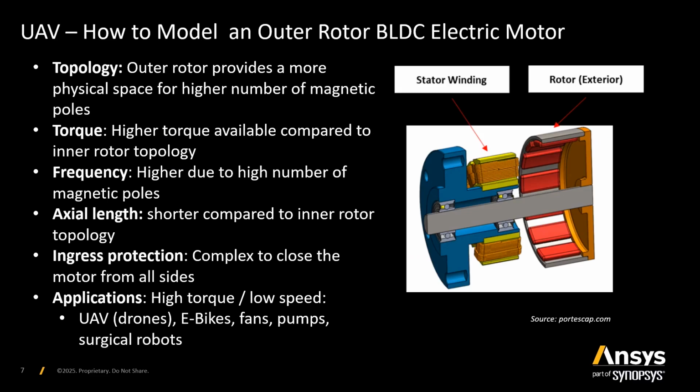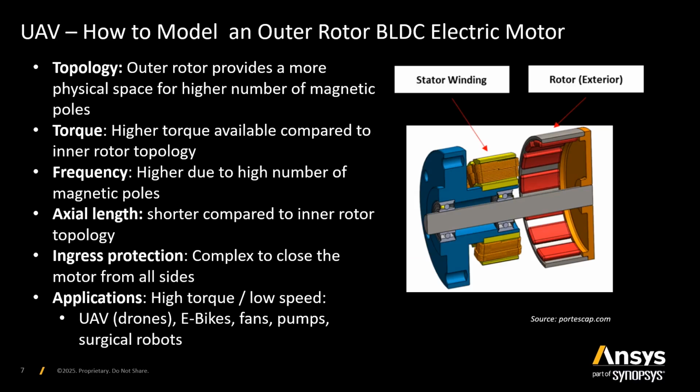Because, as you can see from the image on the right-hand side of the screen, the outer rotor can be mounted in the propeller of the UAVs, and therefore it will operate in a more compact way. So the stator will be central, and the rotor moves together with the propeller of the UAVs. So it's a natural solution for this type of application.